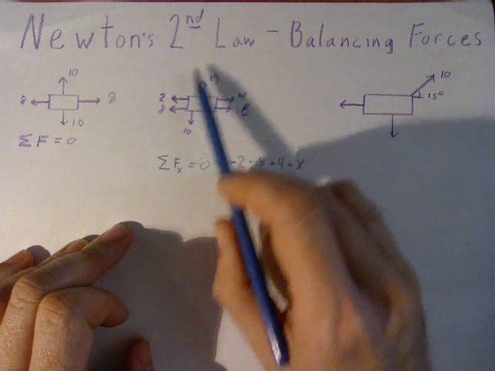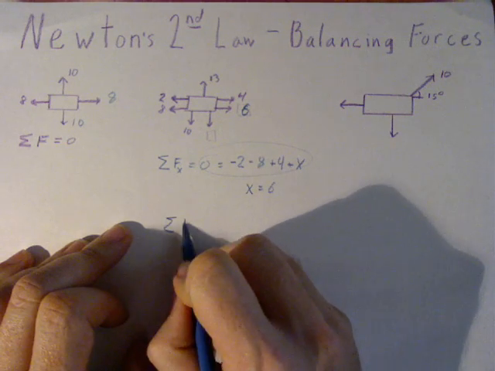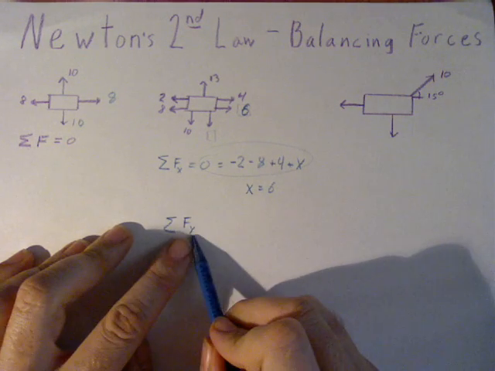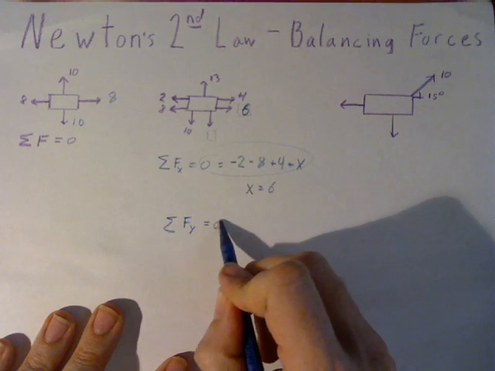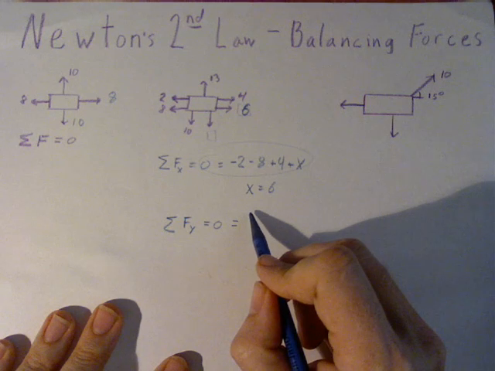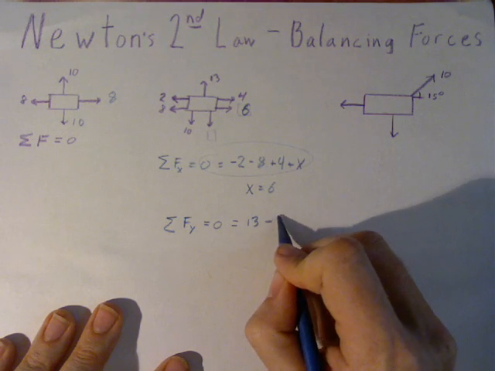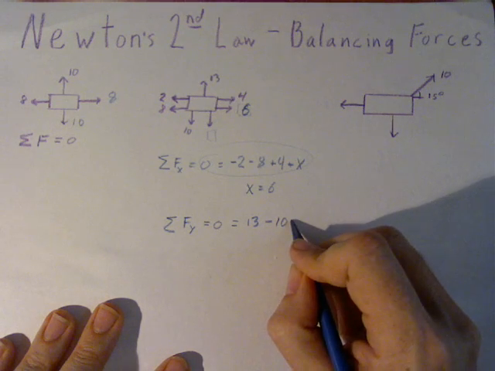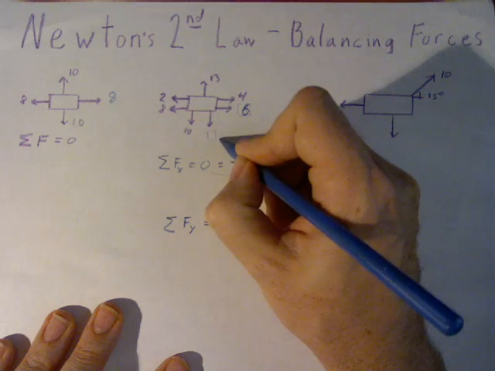Likewise, if we take the vertical forces, we can write summation of force in the y direction equals 0. And the forces in particular are 13 up, 10 down, and another unknown force I will call y, this being y right there.